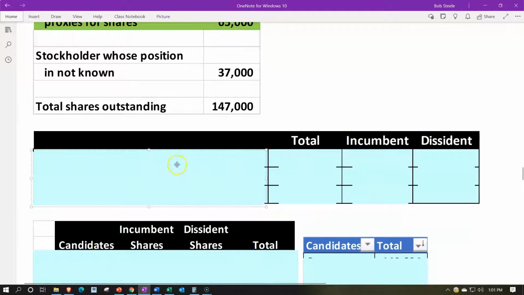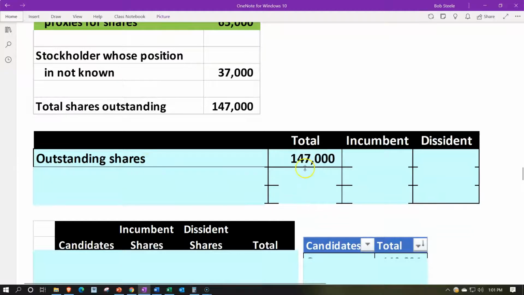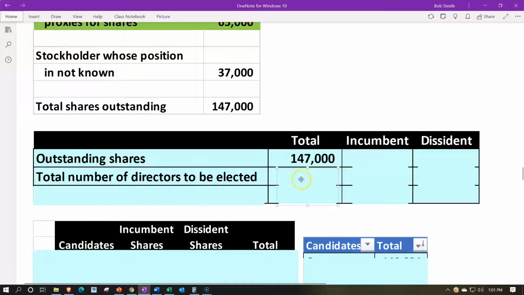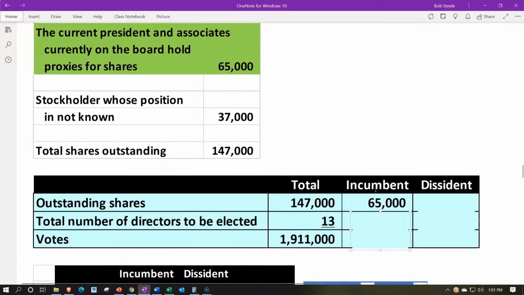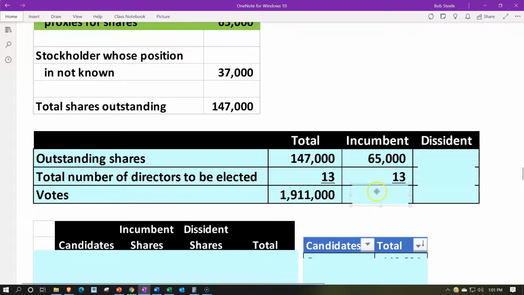The worst case scenario then, from the incumbent position, we have the outstanding shares of 147,000. We have the total number of directors to be elected, which is 13. So that's going to give us a total of 1,911,000 votes. The incumbent, which is now us, we're thinking of ourselves as the incumbent, we're at 65,000 times 13. That gives us 845,000.